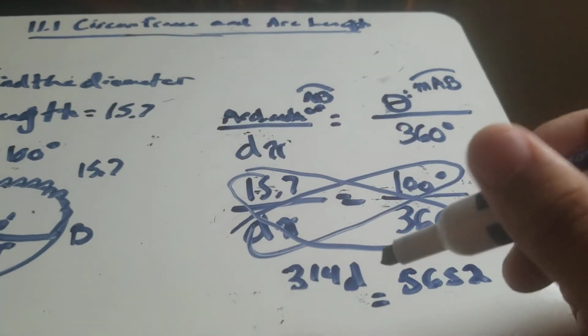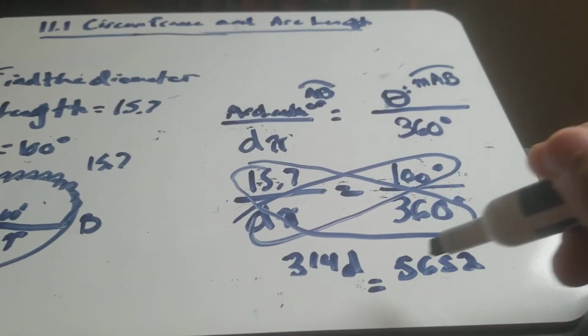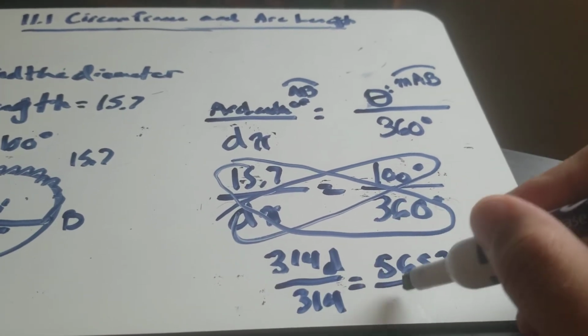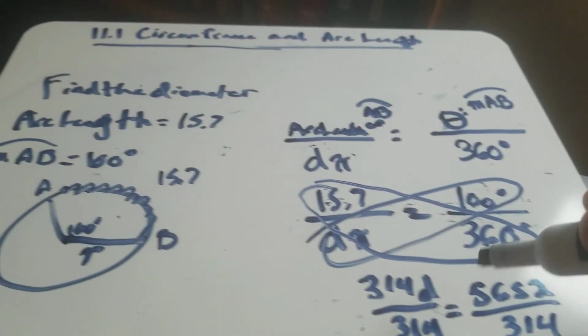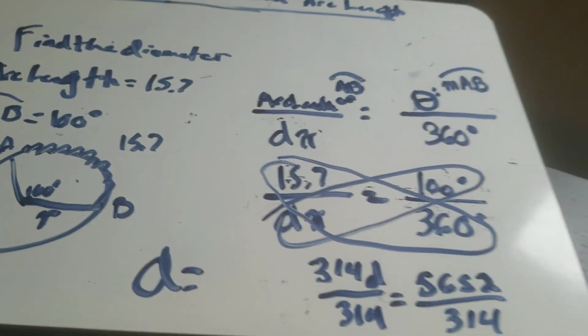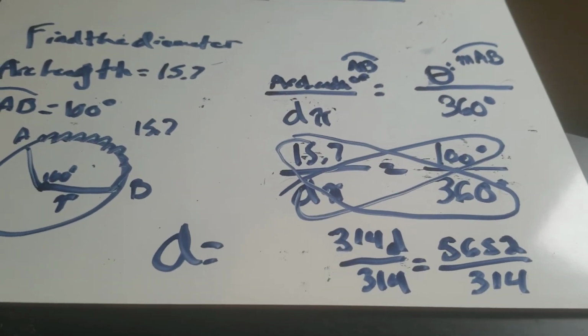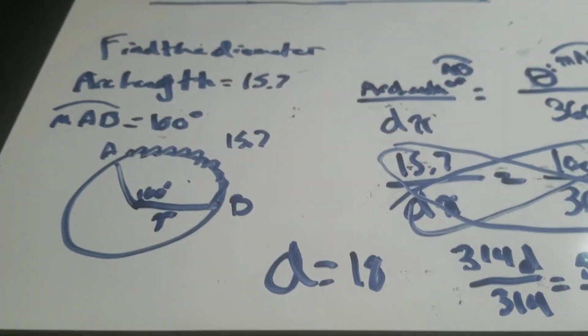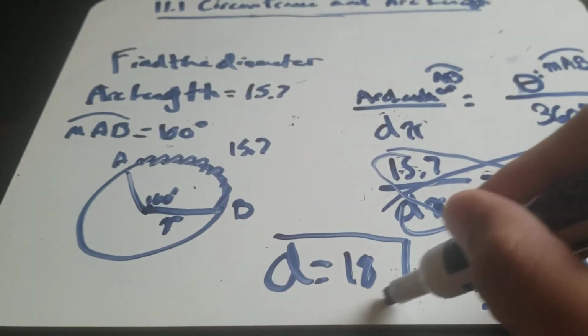So then, since it's 314 times diameter equals 5652, I could divide 314 on both sides. So diameter is going to equal 5652 divided by 314. The diameter happens to be 18 in this question. So the diameter is 18.